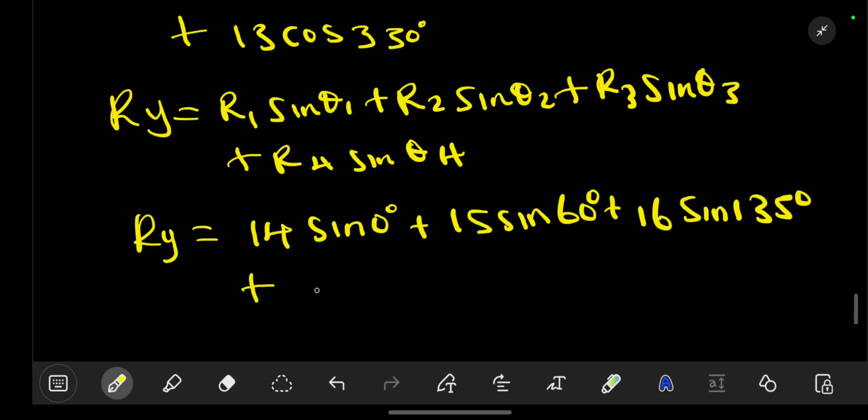Then we have plus our R3, which is our 13 sine of our 330 degrees.